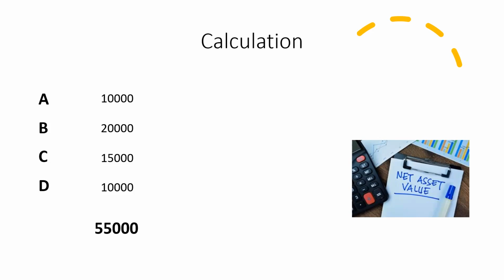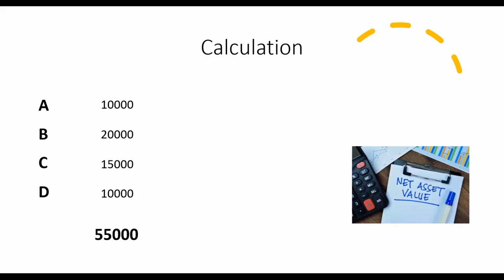So 10.3 is the market value, and from that, the fund manager will take away certain kinds of expenses, and at the end, money will be given to Mr. C, and this will be the net asset value. So after deducting the expenses, what money remains, that will be the net asset value.